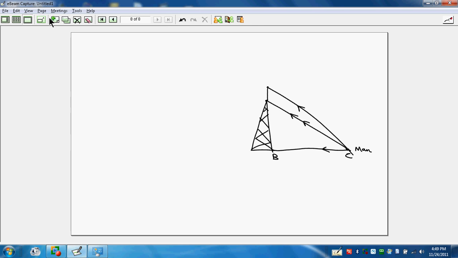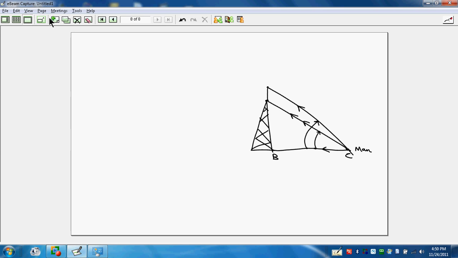To see the bottom, he starts off horizontal and goes through that angle. To see the top, he starts off horizontally and has to go through this angle. That makes sense? He goes from here to here to see the bottom, and from here to here to see the top.